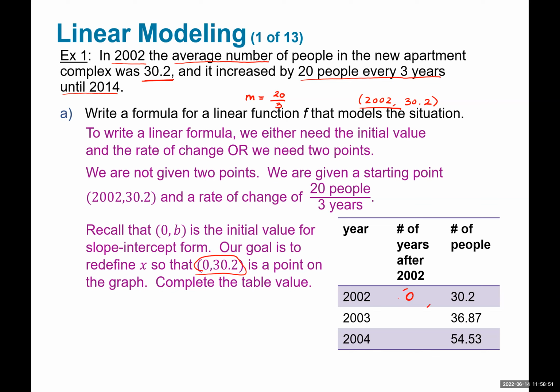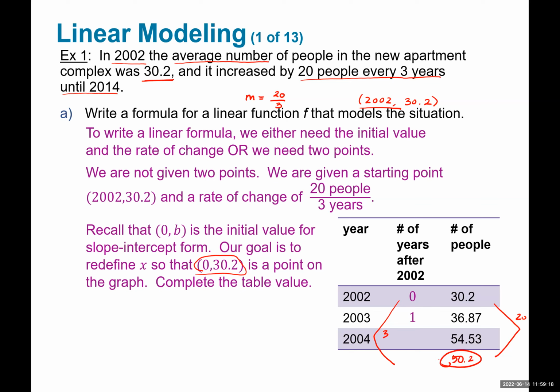So we can say that this is our y-intercept in so many words. Okay. So then after year 1, we have our increase, and then year 2, then year 3. Year 3 is where we would see a 20 increase, because it says it takes 3 years to increase by 20. So we can imagine that this would be 50.2.